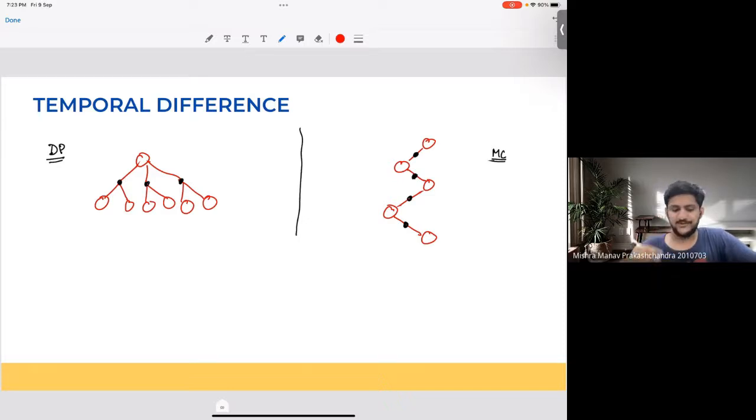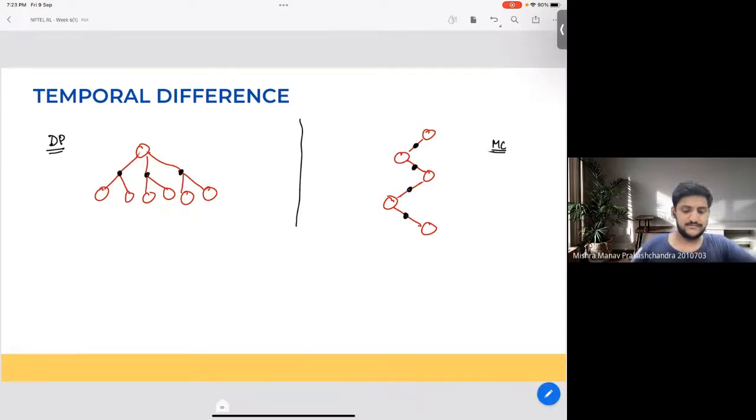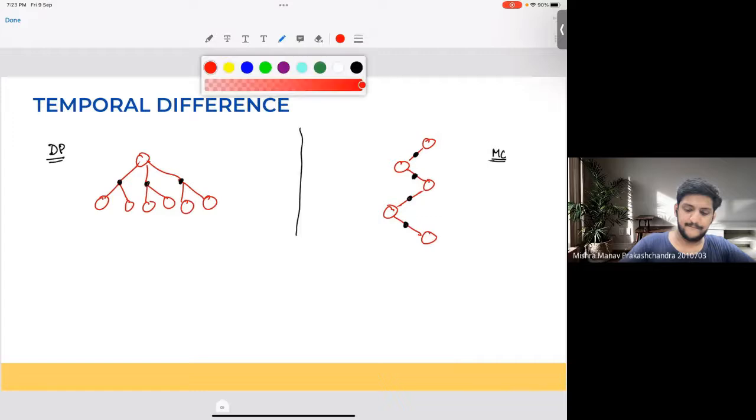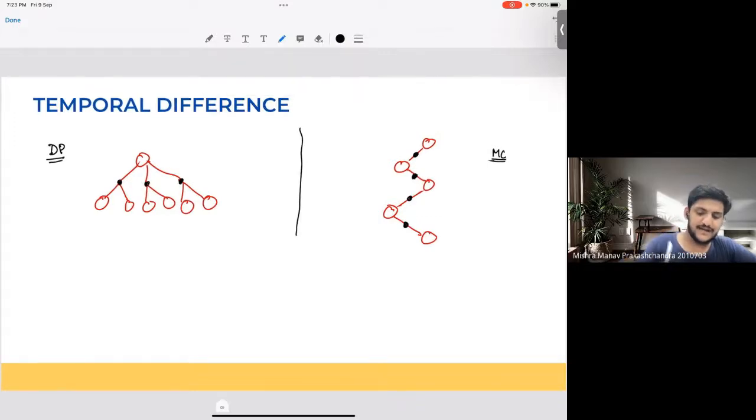If I want to compute the value function, I just need to look one step ahead, and whatever value I have, I take that, and based on that, I make an update. And I can do that because I have access to the set of possible next states that I can go to.